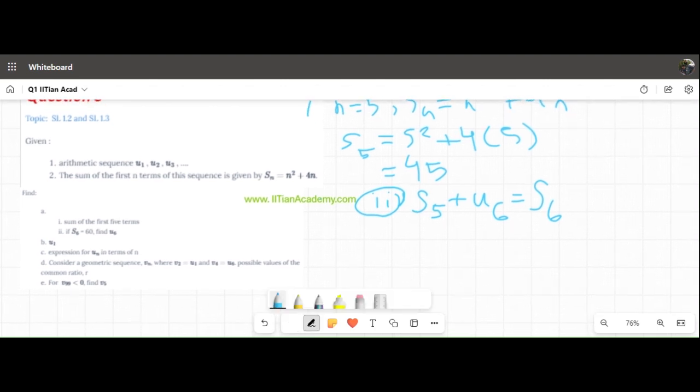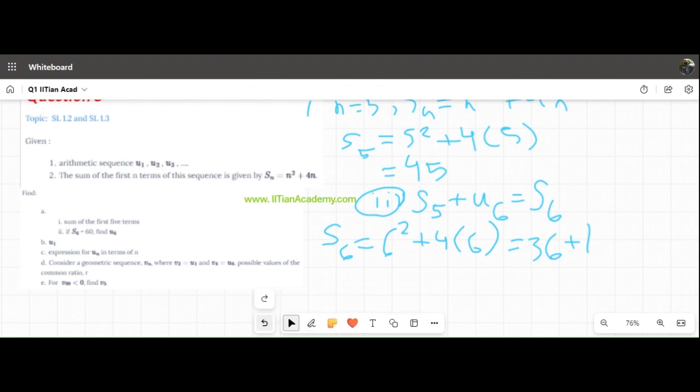So since we have the equation for the sum of n terms in the arithmetic sequence, we can take the sum of the first 6 terms. We can calculate for it, where our equation is 6 squared plus 4 times 6, which will be 36 plus 16.